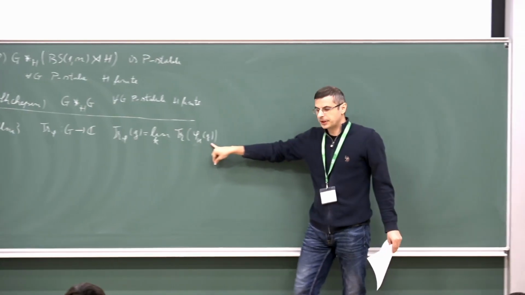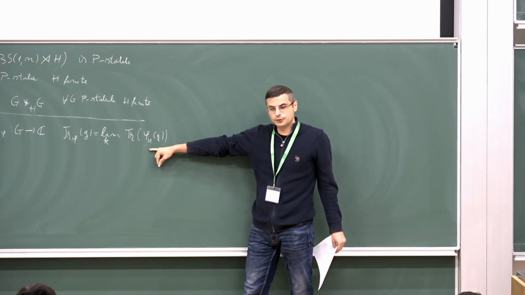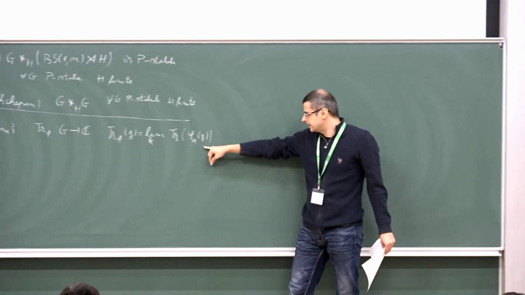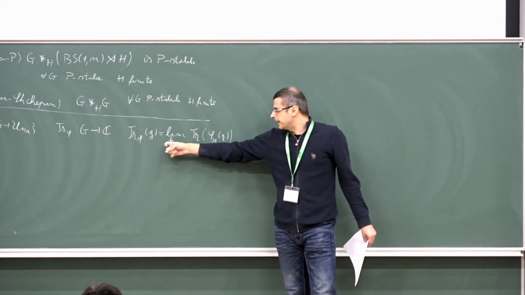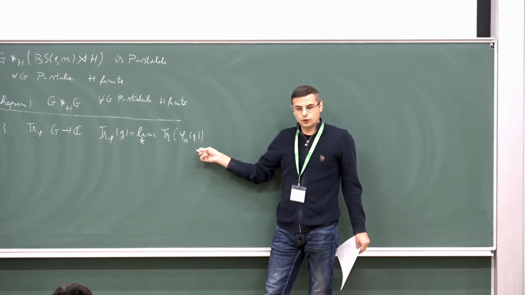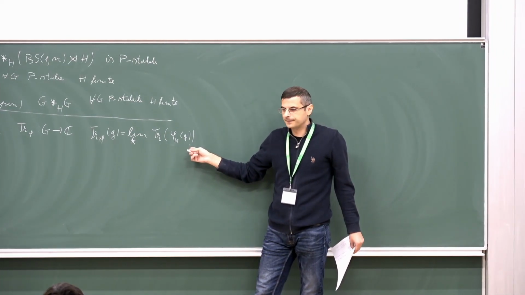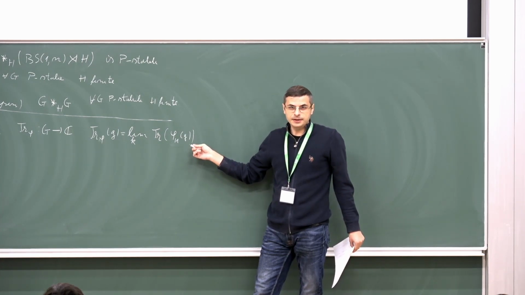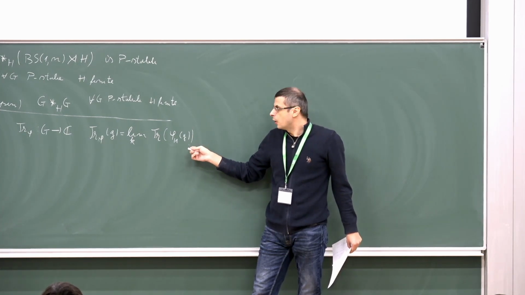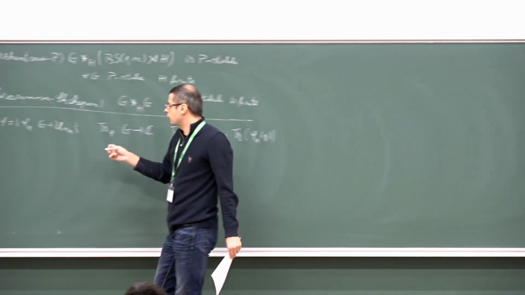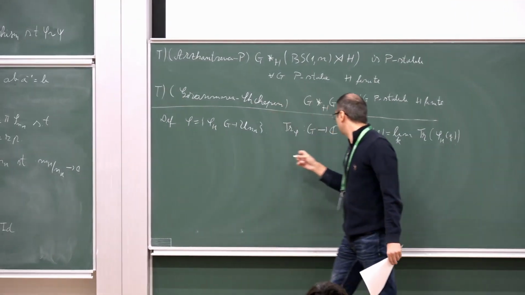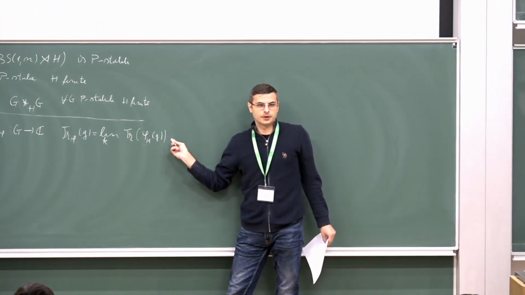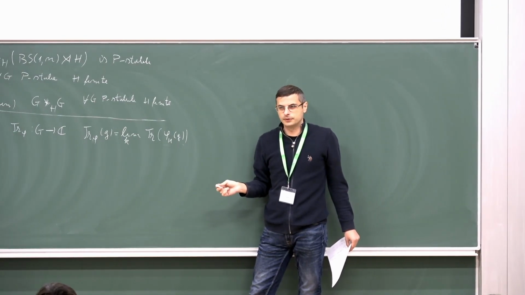So this is a unitary matrix, it is a matrix, it has a trace. This will be a bounded sequence. You may complain that the limit might not exist for all elements, and you would be right. This is where ultrafilters come in handy. You can pass to an ultrafilter, or you can restrict yourself to work only with morphisms for which this limit exists. There will be no loss in generality if you do that.